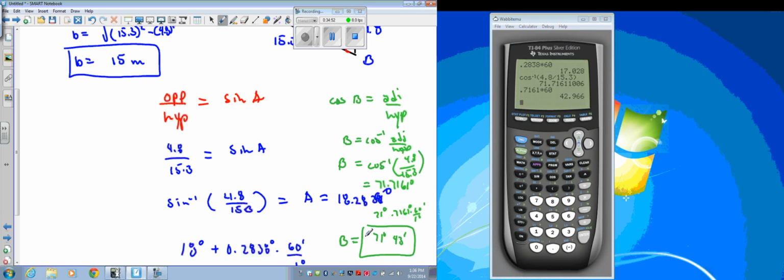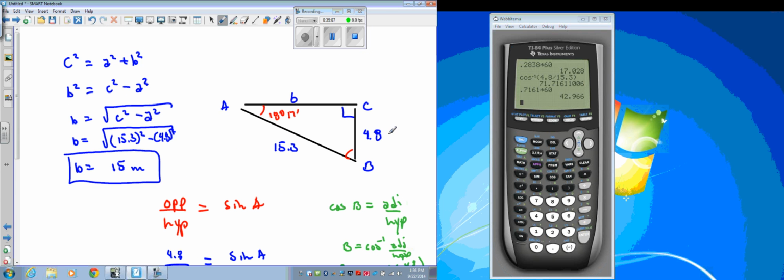Now, the significant digits is not the important thing. The important thing here is that you use the given data, those two sides, to do all your calculations, because then you're going to be as accurate as possible. So to calculate this side, you have to use the Pythagorean theorem.